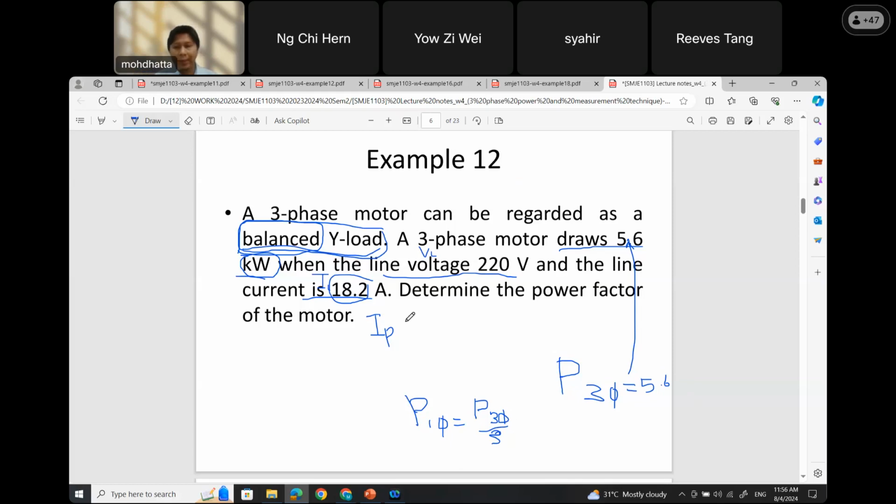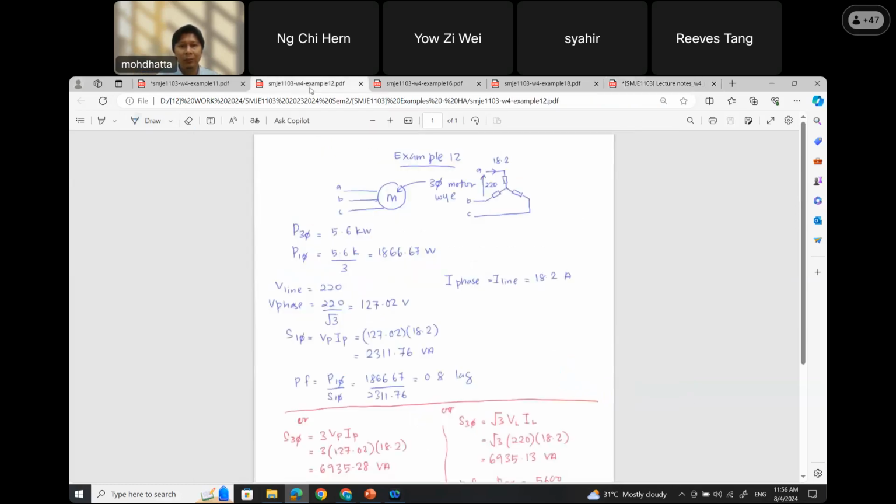Right, enough with the explanation about the question. We get into the solution. This is what you should imagine. So we have a three-phase Y connected motor, the Y connected load, which is the motor itself.